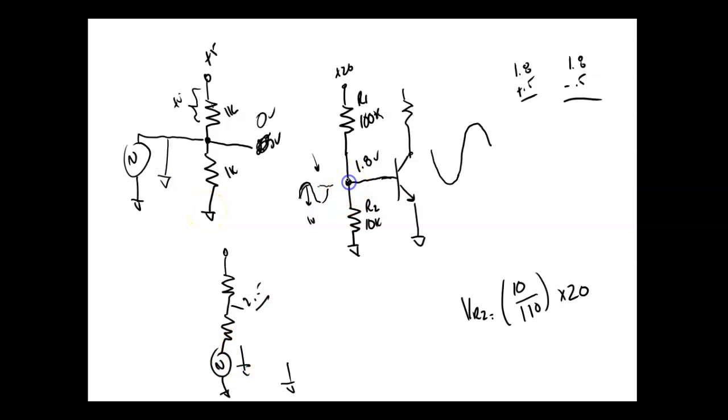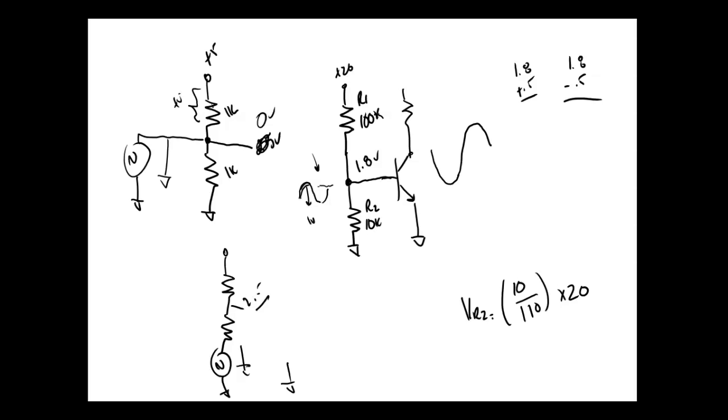That means I cannot bring an AC source into this because it would go to 0, and the amplifier would not work. So I need something that blocks DC and passes AC, that would let AC come into a DC circuit. What electronic device do we have that blocks DC and passes AC?